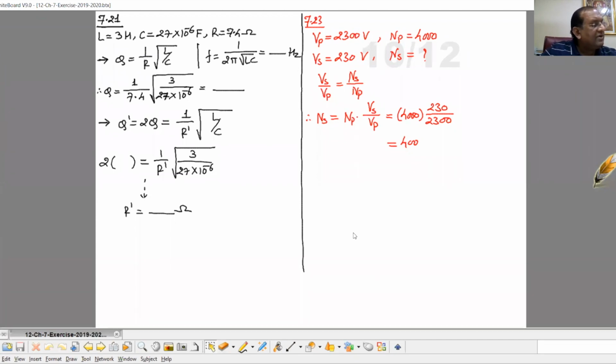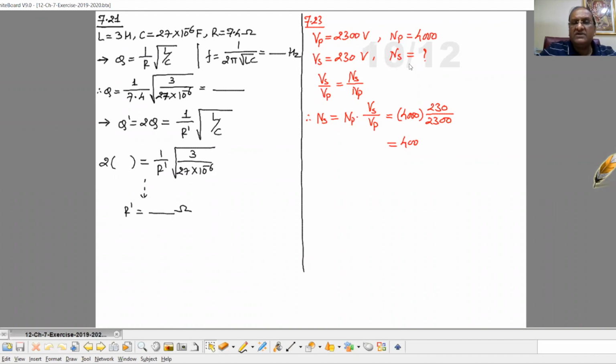What should be the number of turns in the secondary in order to get output power at 230 volt? Simple thing, VP, that is 300 volt. So primary supply voltage, number of turns in primary, that is 4000. Output voltage across secondary, that we want 230.